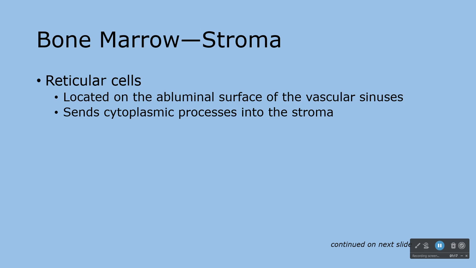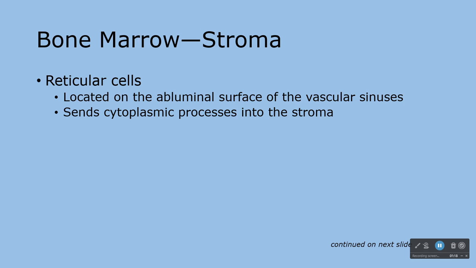Reticular cells, they're located on the abluminal surface. What's abluminal surface mean? Abluminal means what? Below the lumen is essentially what it means, okay? So like a lumen is the hole, the hole of the vessel itself. And these basically send cytoplasmic processes into the stroma to kind of help with structure.